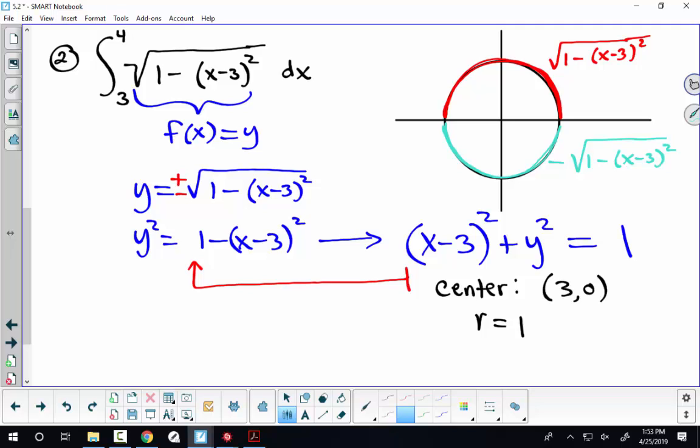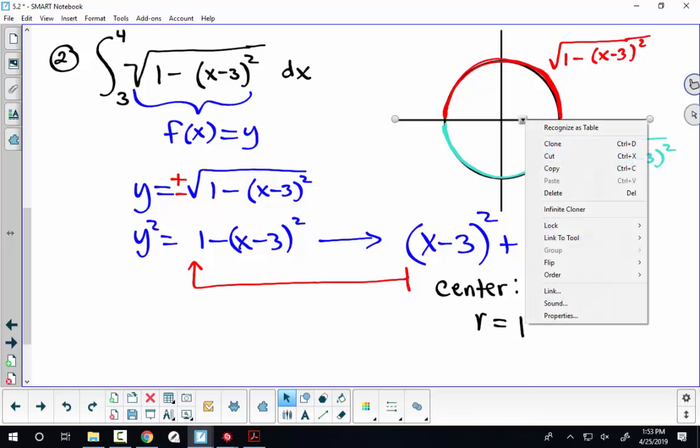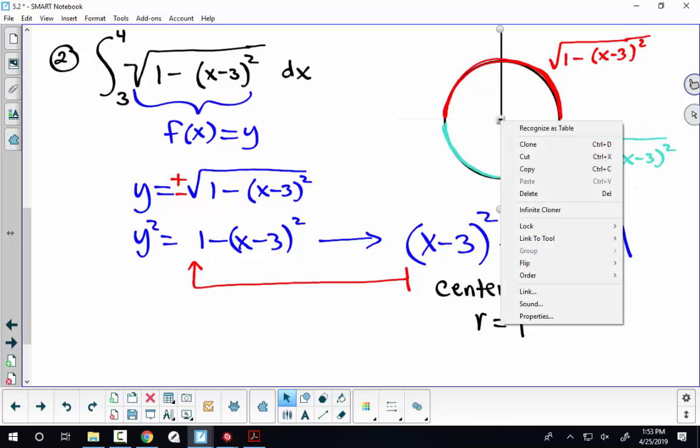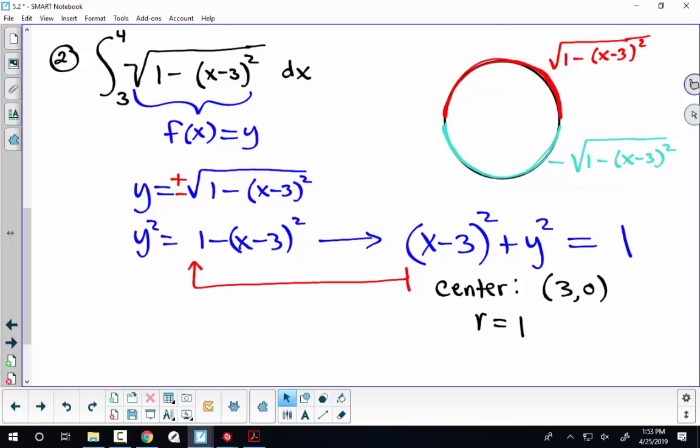Sorry, I probably shouldn't have centered that at 0, 0, because that's not accurate. I'll just get rid of those lines. So we only want the top half of the circle.